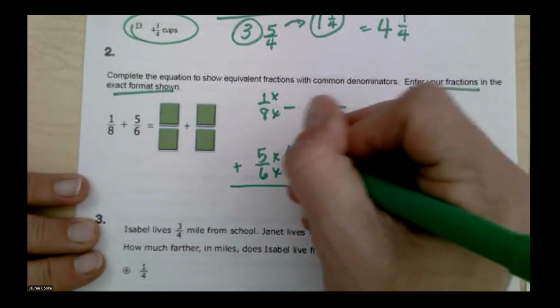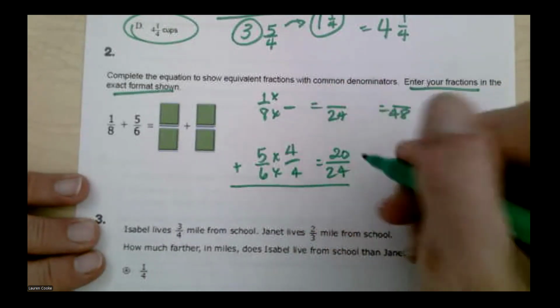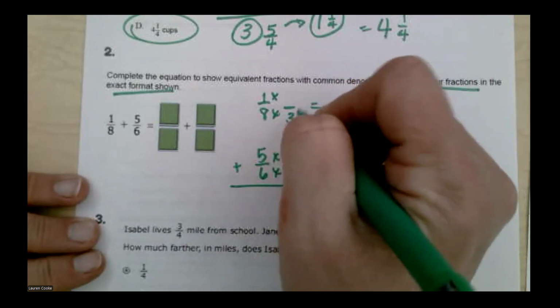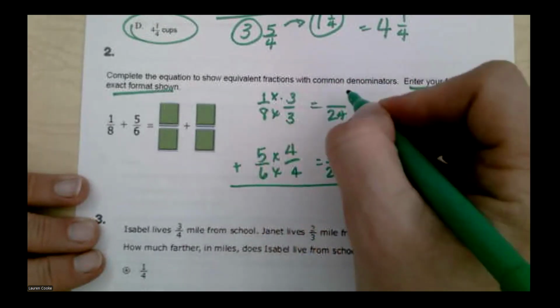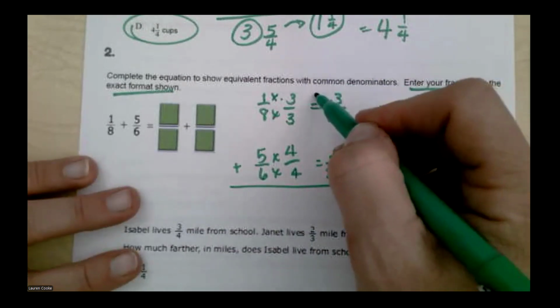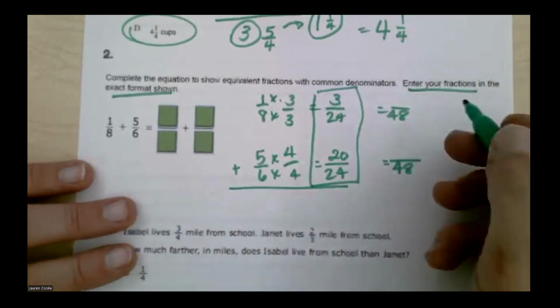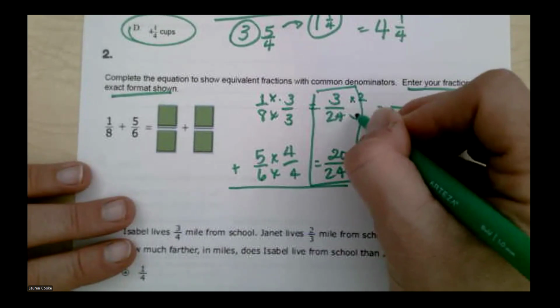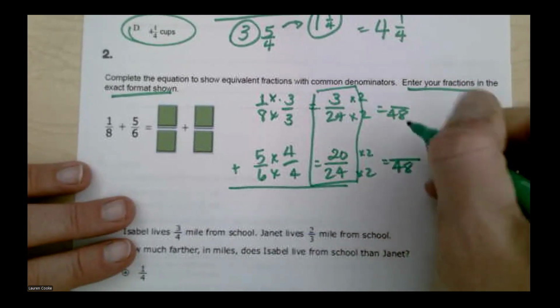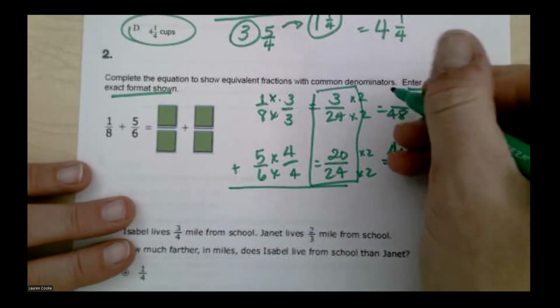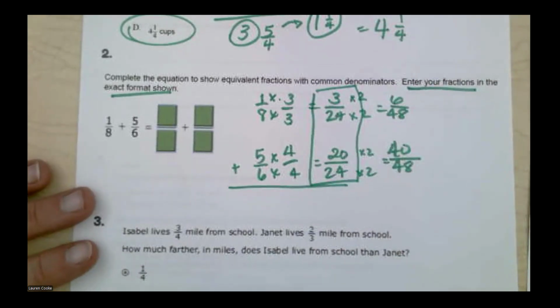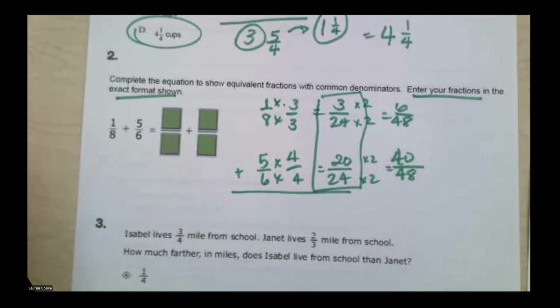What's good for the goose, good for the gander? 5 times 4 is 20. It's kind of like a swoop around. 24 divided by 8 is 3. What's good for the goose, good for the gander? 1 times 3 is 3. Okay, so I would have expected this entered as 20/24 and 3/24, or times 2, 40/48 and 6/48. I don't want the sum. I want to follow the directions that it asks.